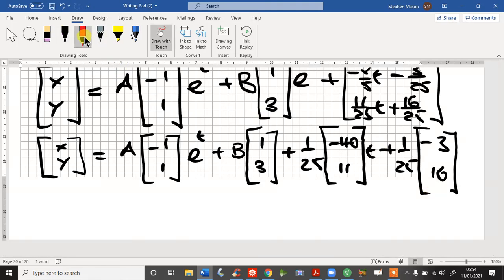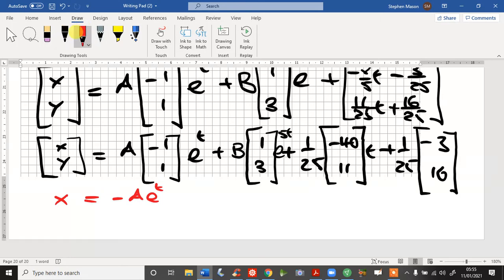Just a final note, I've run out of space now, and without adding more pages, which is a bit difficult at this stage because I've lost my cursor, I just want to write down here that you can write this equation as x equals minus a e to the t, and that actually should be an e to the 5t there.